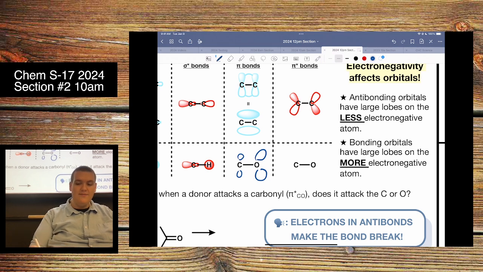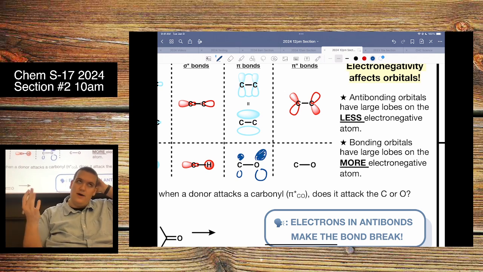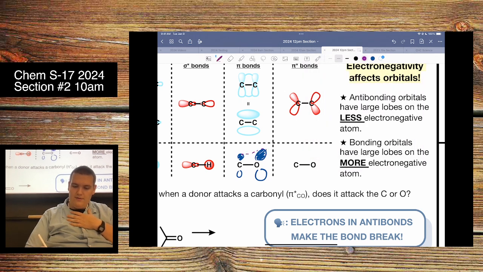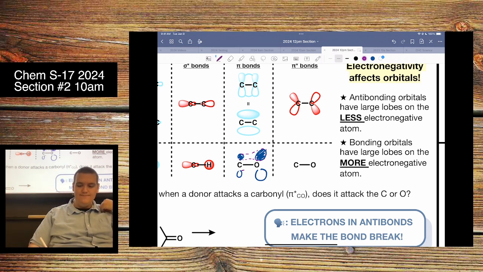If you wanted to think of it, again, like a bubble, this is going to be in-phase overlap. We're going to shade in both the tops or both the bottoms. It doesn't matter. It's kind of like an oblong little bag, where it's more around the oxygen and less around the carbon.